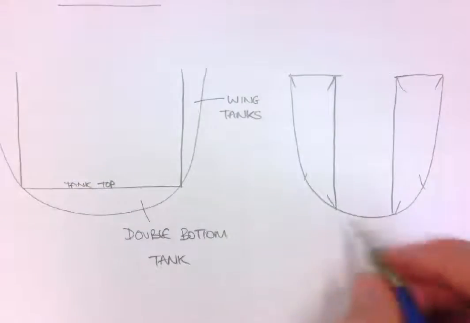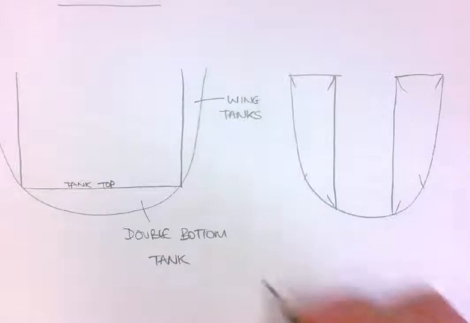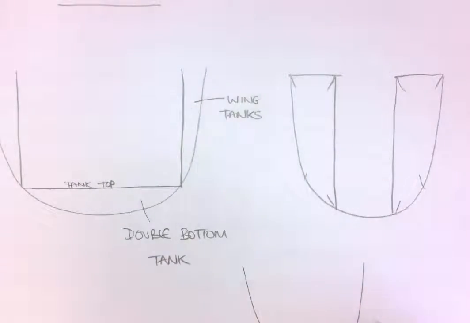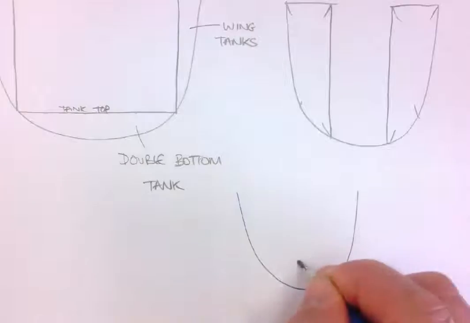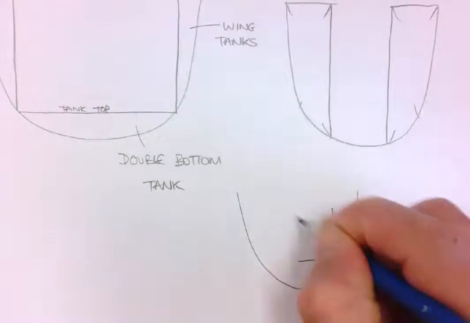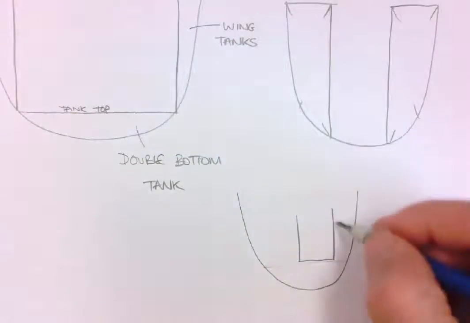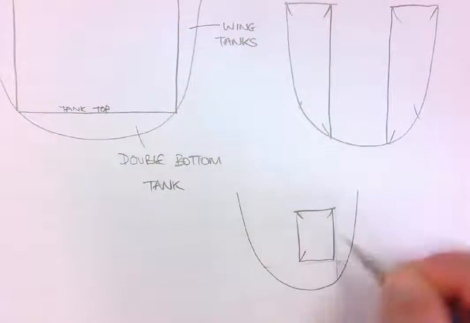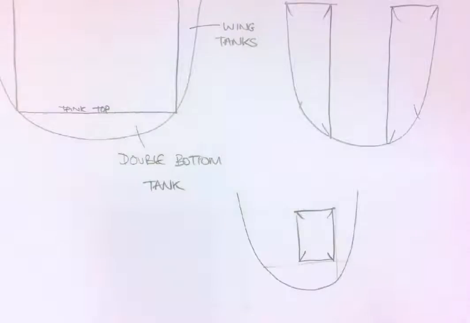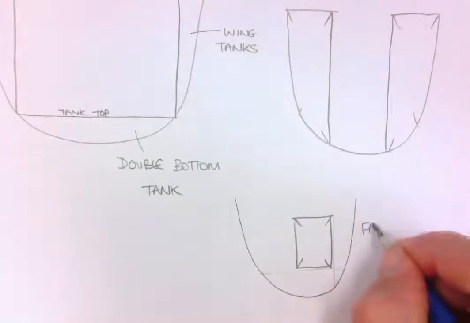Or we can have a freestanding tank which doesn't use any part of the hull as the structure of the tank, and obviously we're going to have framing and supports for it, but essentially the tank doesn't use any part of the hull. That's a freestanding tank.